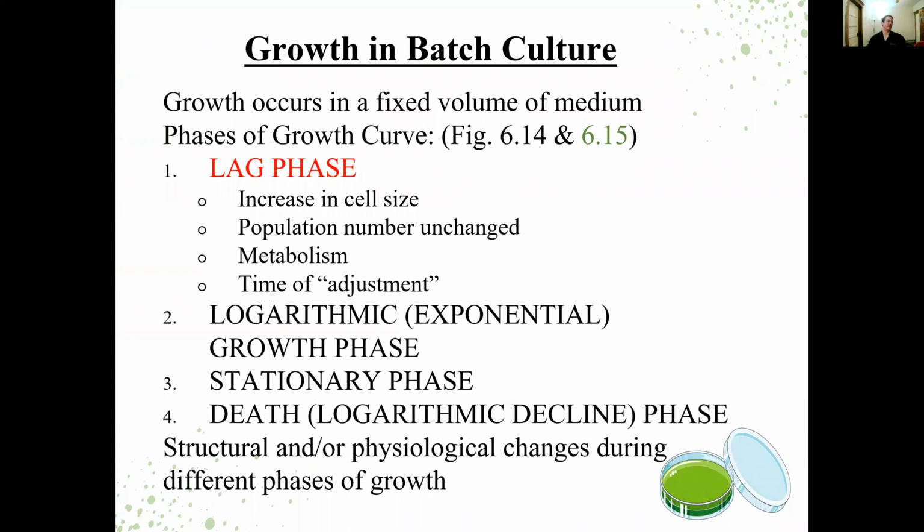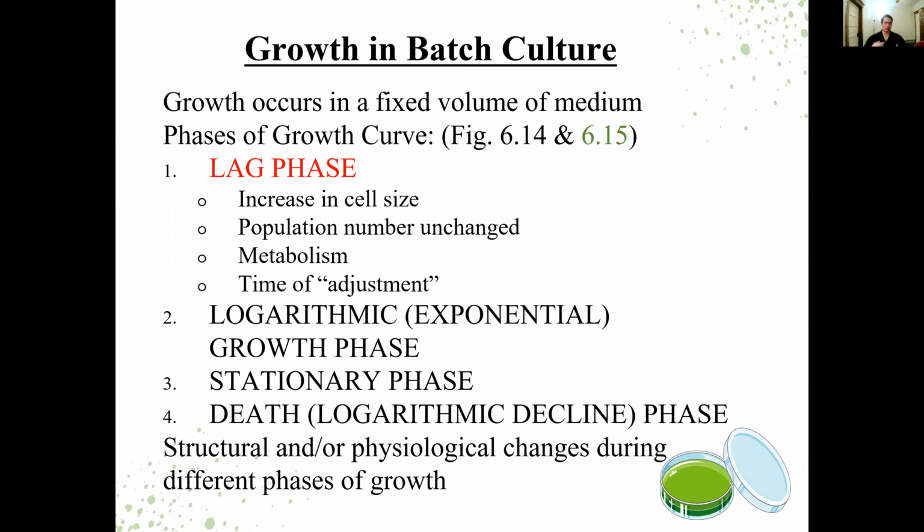So let's move on to the lag phase. I will be discussing all 4 of these stages, and we will start with the lag phase. So what happens during the lag phase? During the lag phase, there's very little or almost no cell division, and that's why it's called the lag phase. Essentially, these organisms are rearing to go.